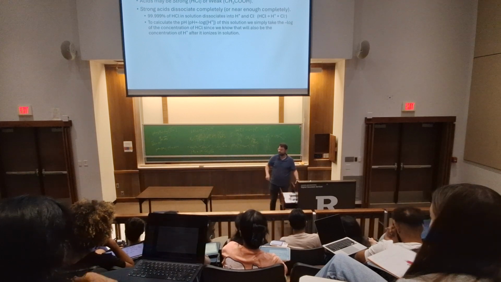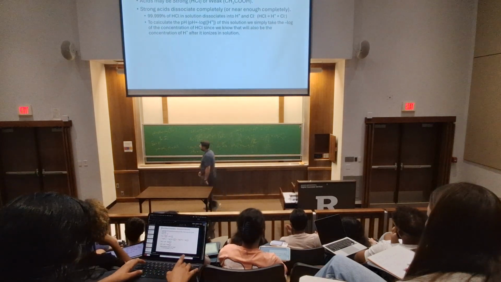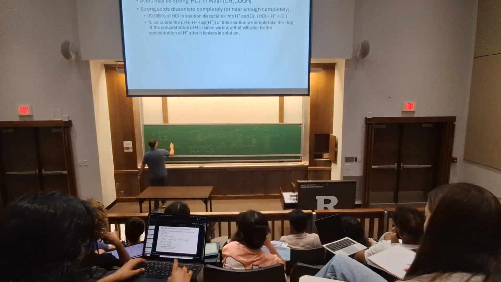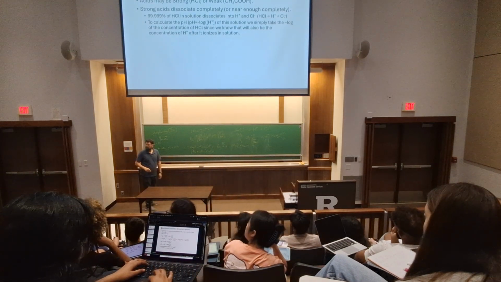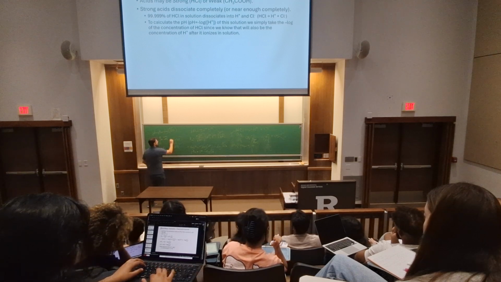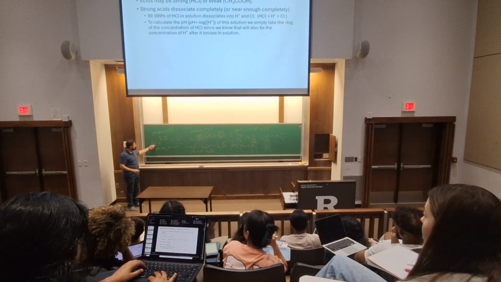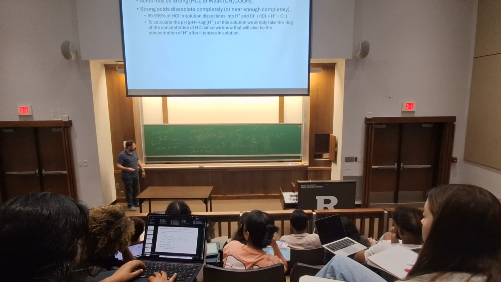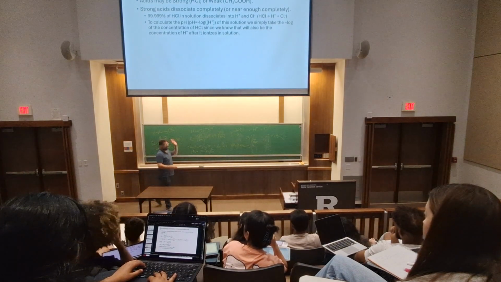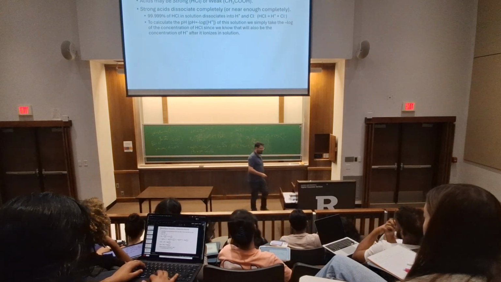What's 10 to the negative 0.75? About 0.178. So if this is less than 1, that means that HA must be bigger, and there we have it. And the same is true if we go the other way. If we increase the pH, then we lose that proton because A minus gets bigger.